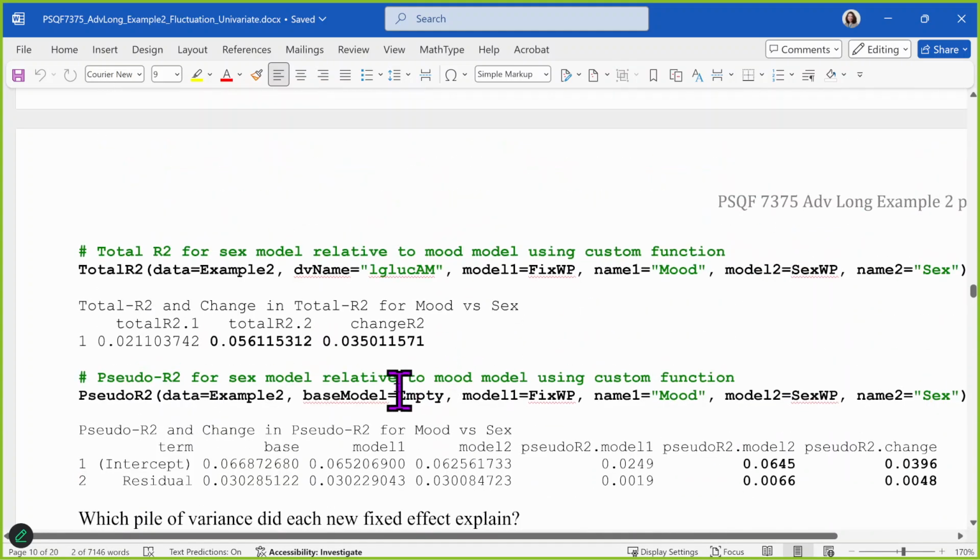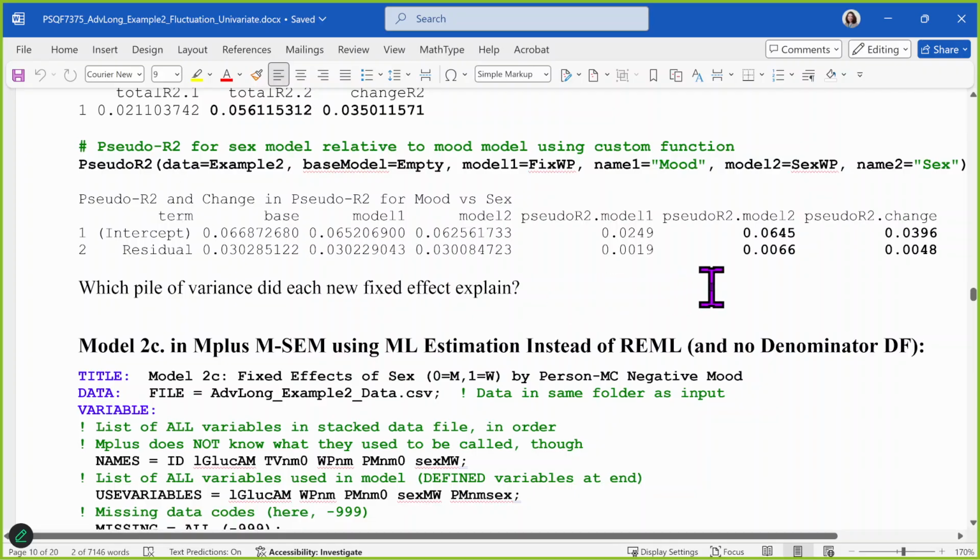And in terms of explaining additional variance with our interaction terms, we picked up another, let's see, 3.5% of the total variance. So in glucose, we've explained 5.5% of it, give or take. And then with respect to pseudo R-square, we picked up another 4% of the intercept, another 0.5% of the residual, and in total explained about 6% of the people variance and very little of the residual variance across time.